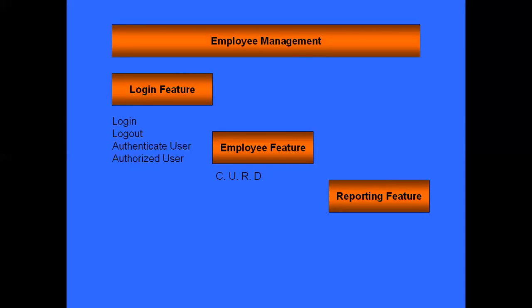We can update an existing one, we can read or list all the employees, and we can delete employees. So these components come under the employee feature. If you want to list all the employees, the listing related services will be a part of the employee feature. Got it?